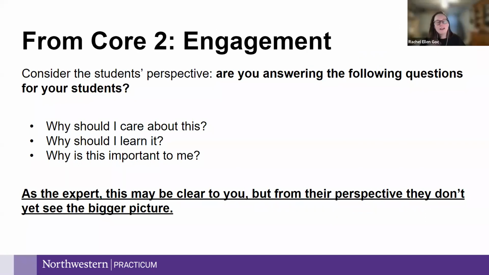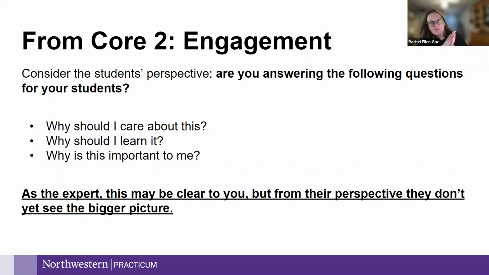Yes, so I actually kind of started to go here, which was that you're coming to this workshop in the context of a UDL practicum, specifically. And so the empathy mapping is helping you come to these questions about your student's perspective. Why do I care about this thing? Why should I learn it? Why is it important to me? As the expert in this class, you know what it is.